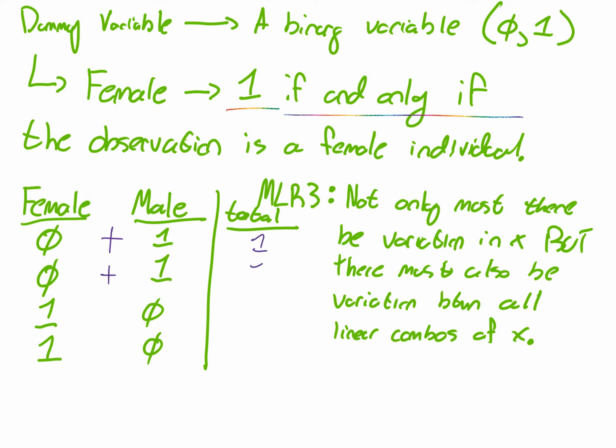Female plus male, we're going to get 1. And we're going to get 1. So there is no variation on this linear combination of male and female, so we can't do this. It's not going to mathematically work. So we have to omit one of them, but that's okay.